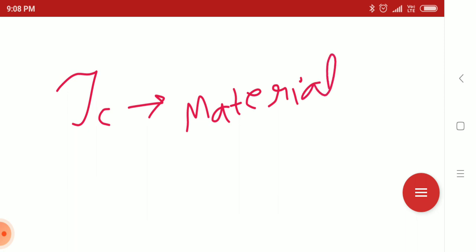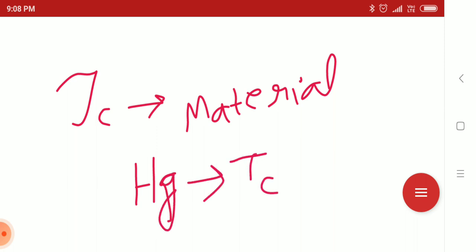We have seen in our last video that below the transition temperature, a normal conductor becomes a superconductor. For Hg, mercury, the transition temperature is 4.2 Kelvin.